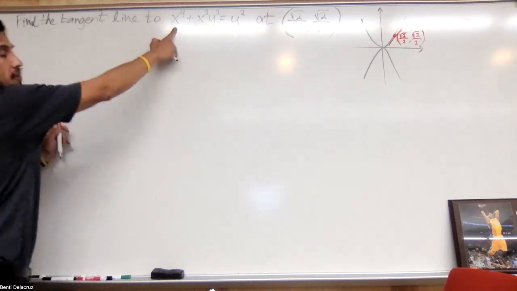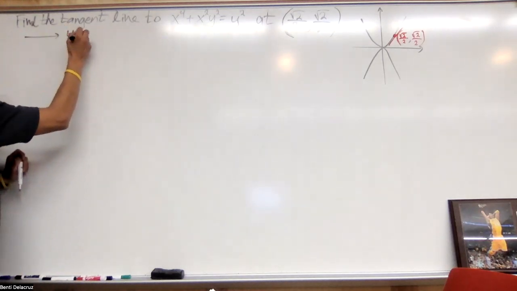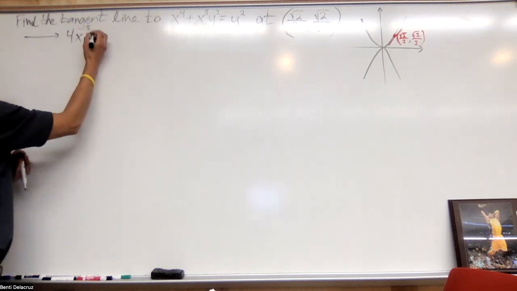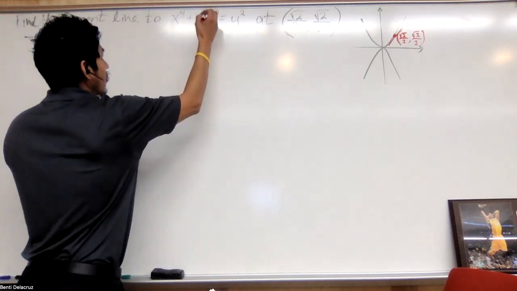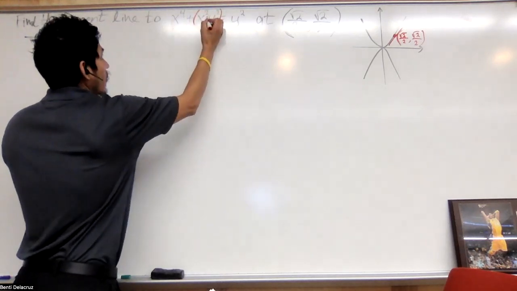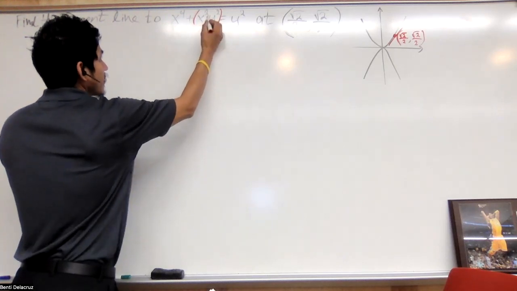Okay, so the derivative of x to the fourth, using power rule, we'll just get 4x cubed, plus, and here we have a product rule. We have one function, x squared. Let's say that's f times g.